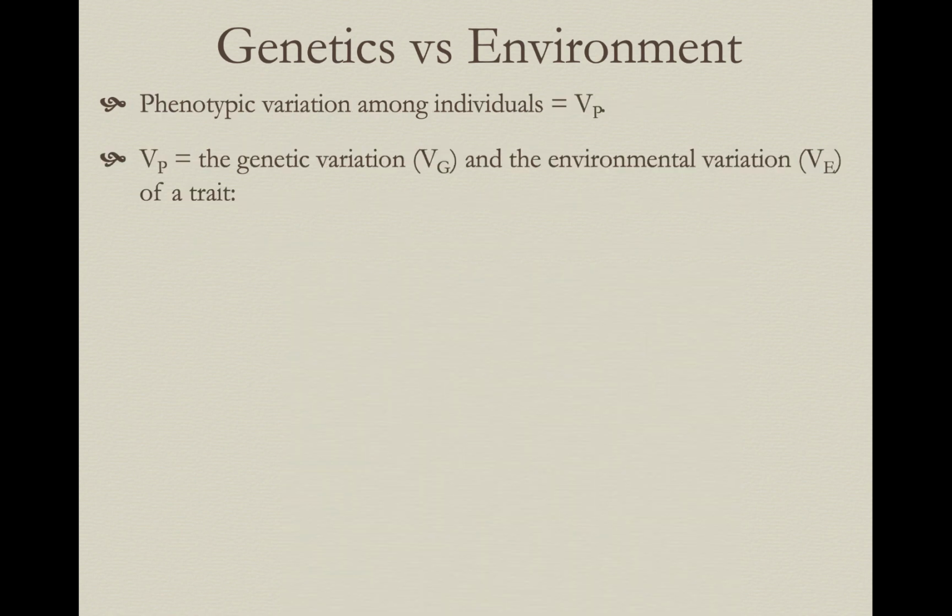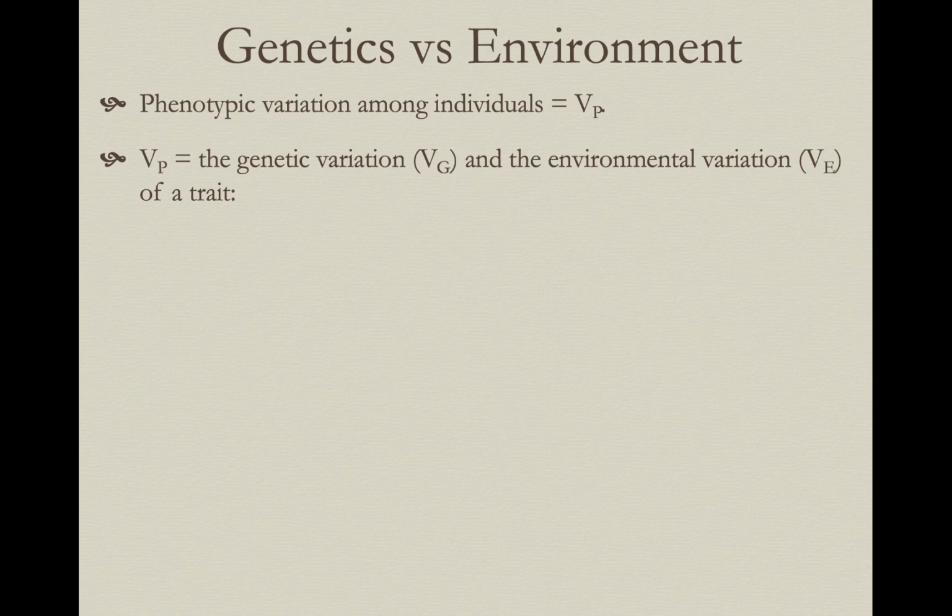All right, let's break this down to formulas. We're going to talk about measuring heritability in two different ways now: broad sense heritability and then narrow. The goal is to look at the phenotypic variation we have among individuals, which is VP, and try to understand how much this phenotypic variation is due to genetic variation and environmental variation.